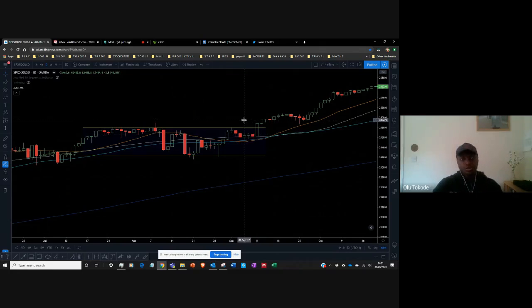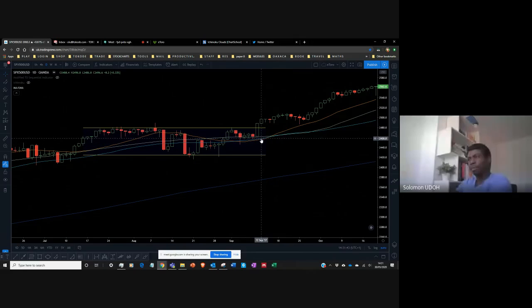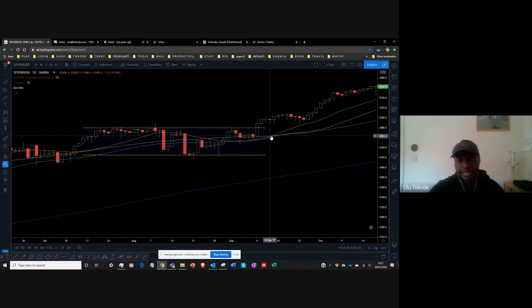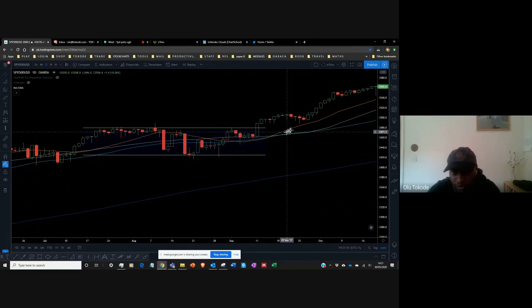So with this T-map, you are comfortable to stay in that trade and you can ride out that consolidation. And then once you get to this date here, the trend continues. You can see the orange moving average moves back above and the green moves to the middle, and then the trend continues.